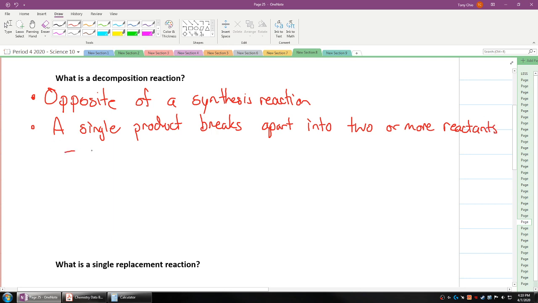Now, to be more clear, a compound breaks apart into elements, if you want to be very certain.